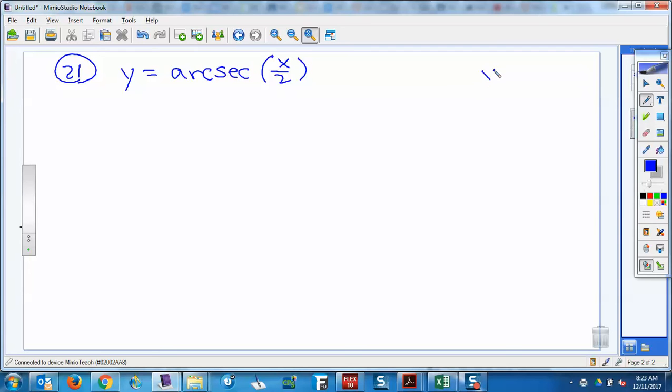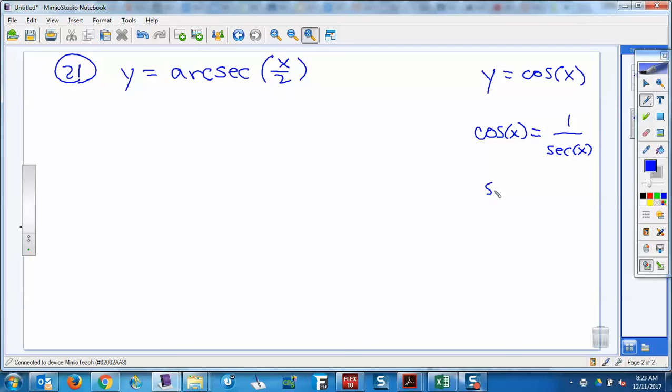Well, here's why. If you do y equals cosine of x, again, it goes back to this input-output, interchanging the input and output thing. Then what is the reciprocal of cosine? Secant, right? So cosine x is equal to 1 over secant x, right?